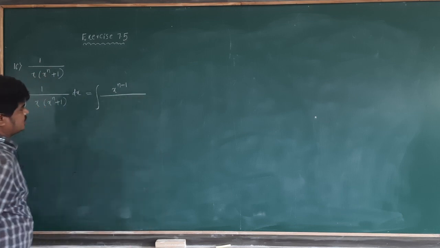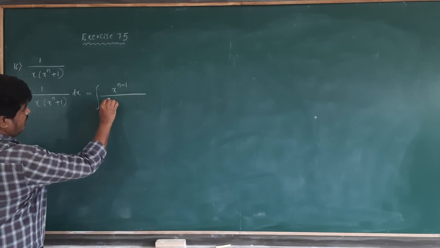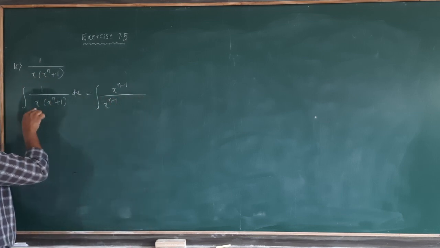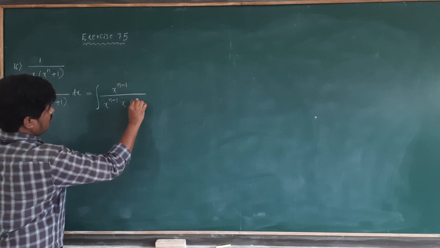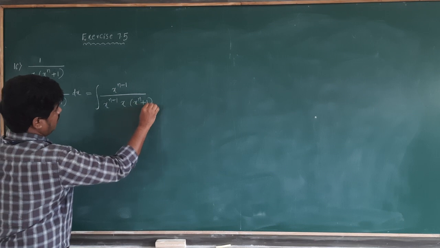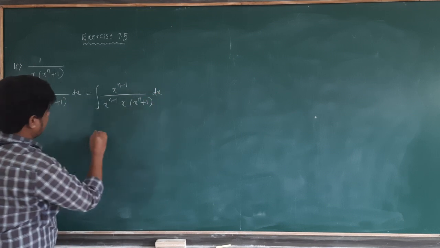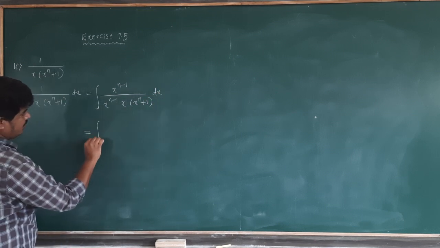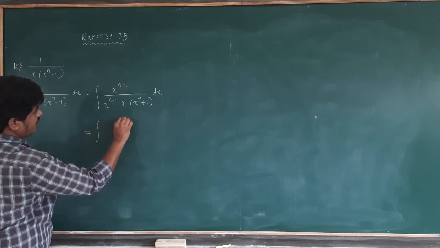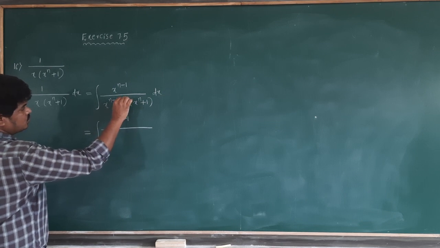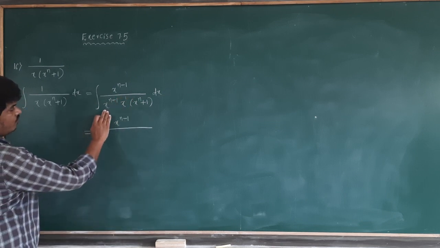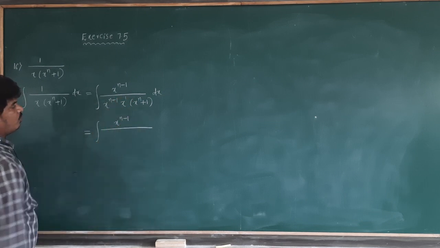X to the power of n minus 1 divided by x to the power of n minus 1 into x to the power of n plus 1 dx. Now this is equal to the integral of x to the power of n minus 1 divided by x to the power of n minus 1 into x to the power of n plus 1. A to the power of m into a to the power of n is equal to a to the power of m plus n.